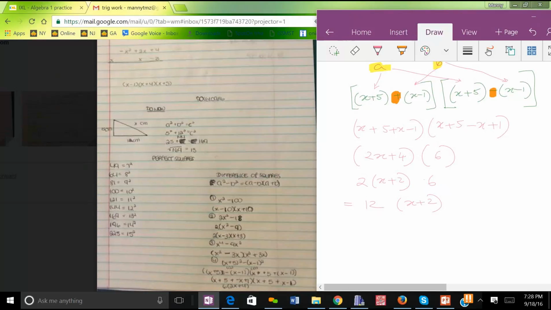Both parts have a 2, right? Both are even. So if you take a 2 out, you have x plus 2. Otherwise, it's not final. You'll get most of the points, maybe 1 point taken out for having 2x plus 4. But if you have 12 times x plus 2, you get full points.